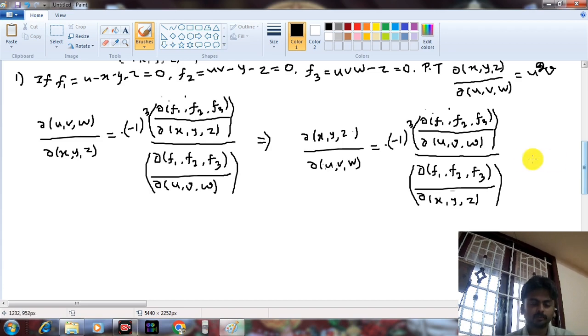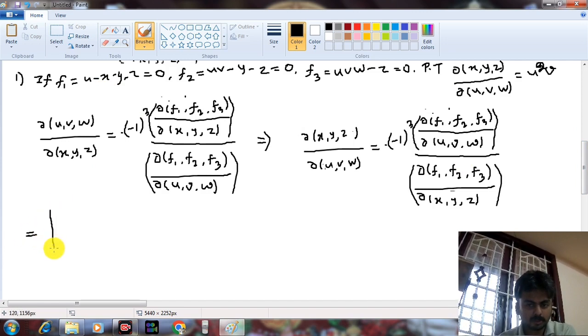Here I am writing a determinant value. The first entry will be dou f1 by dou u, when I differentiate f1 with respect to u.